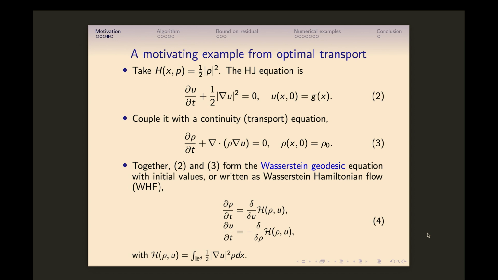For the Wasserstein geodesic, you give an initial density and a target density, and then you get the closest curve. But I actually don't have the target density. Instead, I have an initial value, and the velocity field is given by the gradient of g. So that is slightly different, but it is still the same equation.